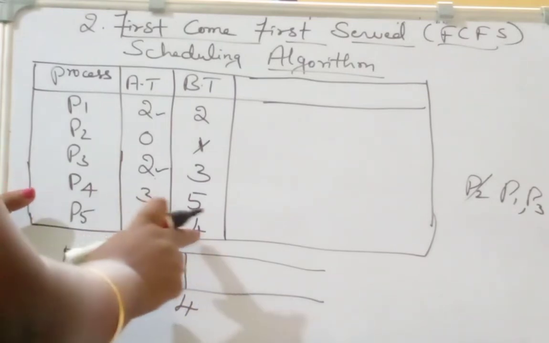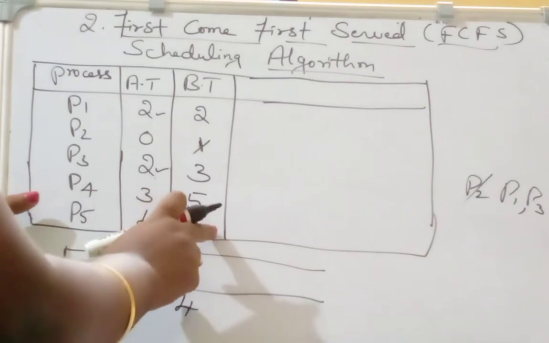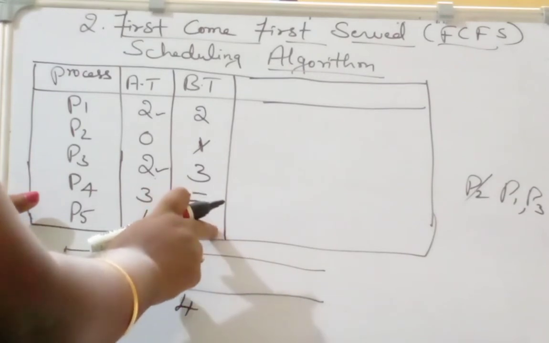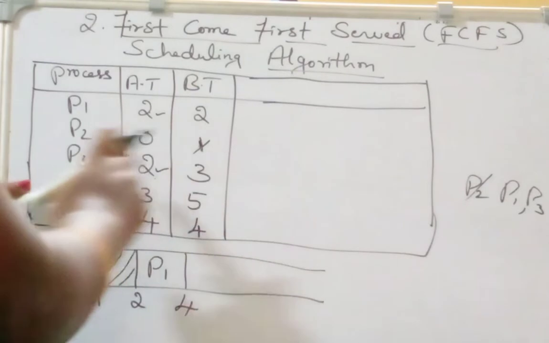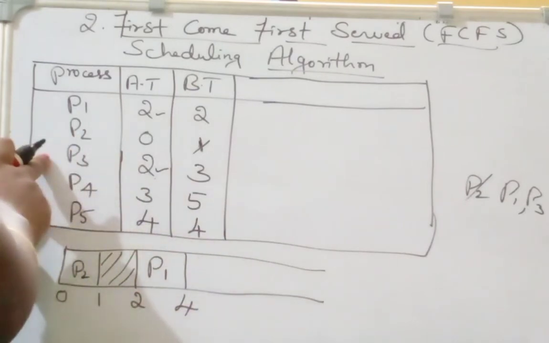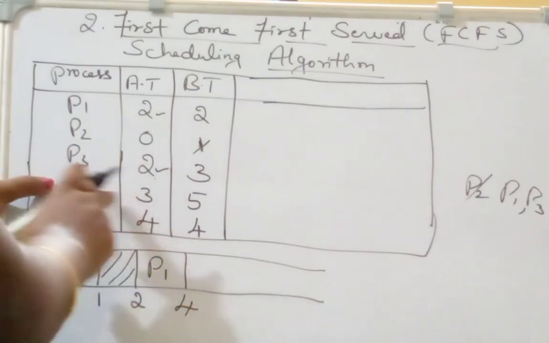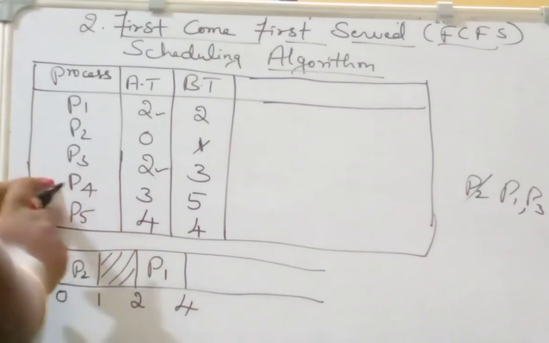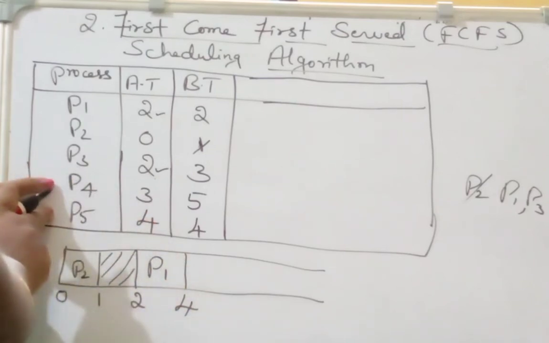At the 4th millisecond, the new process P5 has arrived. At the third interval, P4 had arrived, and at the fourth interval, P5 arrived.